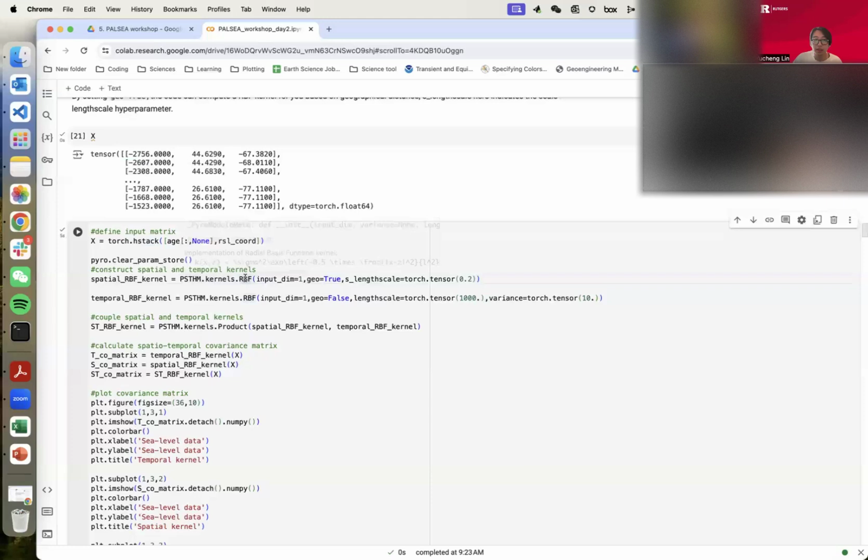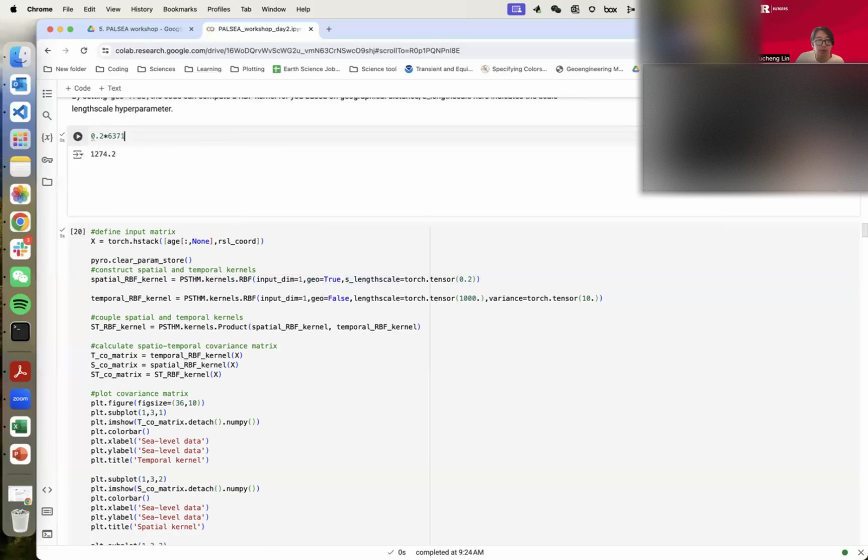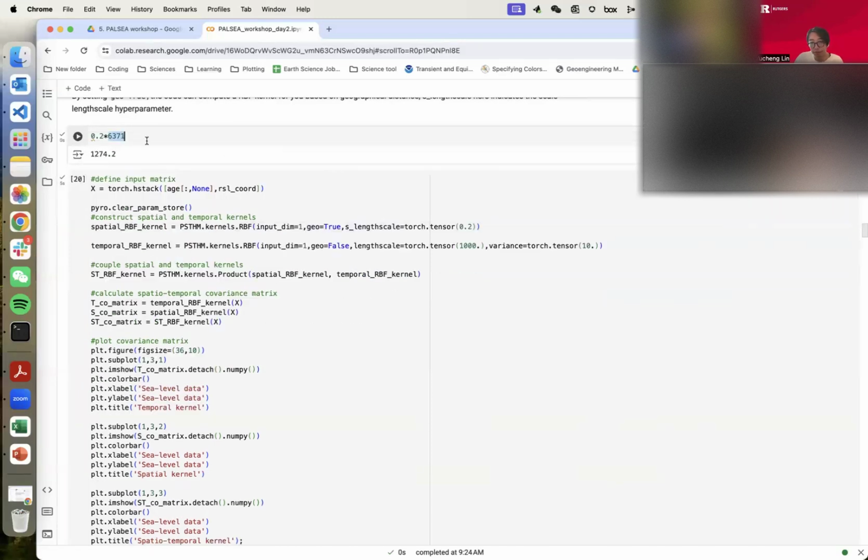For every kernel, you have an argument called geo, which basically means geographic. If you set geo equals true, the kernel knows that you are generating a spatial kernel. The length scale here is called S length scale, which means spatial length scale, and 0.2 basically means 0.2 radius, which corresponds to 1,200 kilometers in real life.